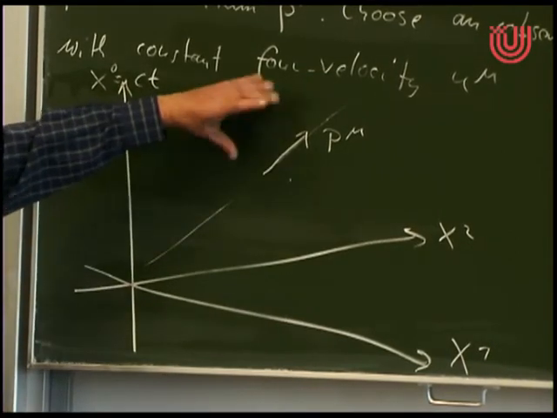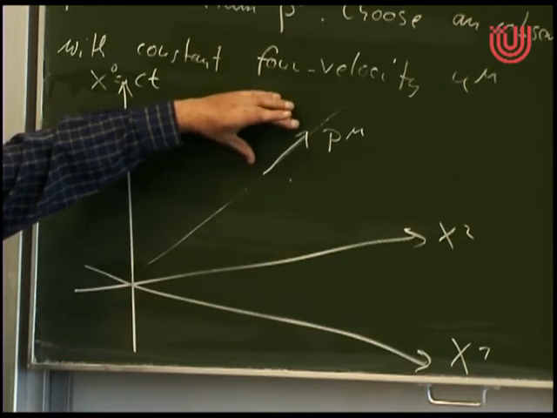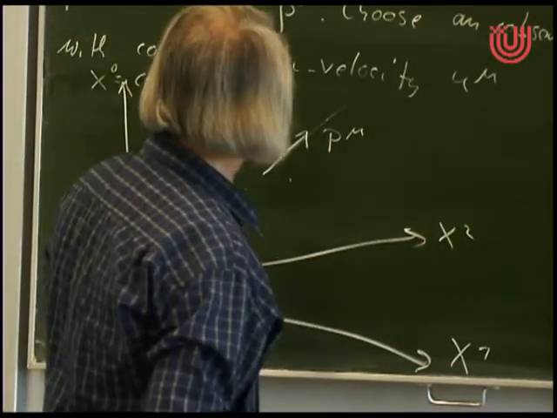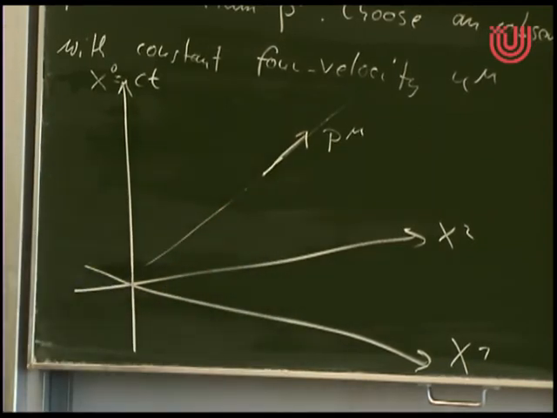But the length of this vector has nothing to do with the proper time parameterization. The length of this vector is actually no measure of anything physical. It's just mathematically assigned to this particle.